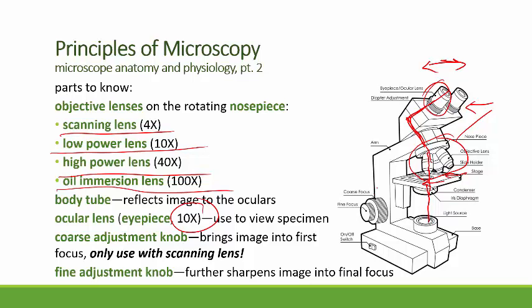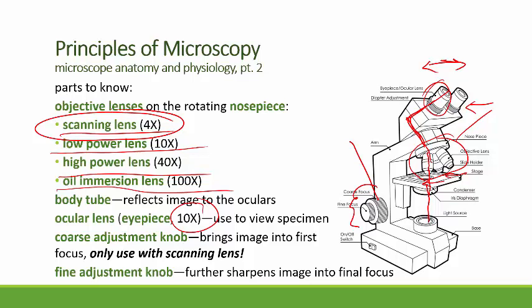And then the focusing knobs here, we have the coarse focus, that's the large one. And recall, you only want to use the coarse focus on the shortest red lens, the scanning lens. That is the only time you would use the coarse adjustment knob to provide focus. But that will move the stage up and down very quickly so that you can get into focus.